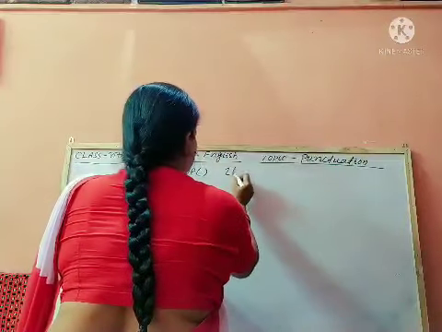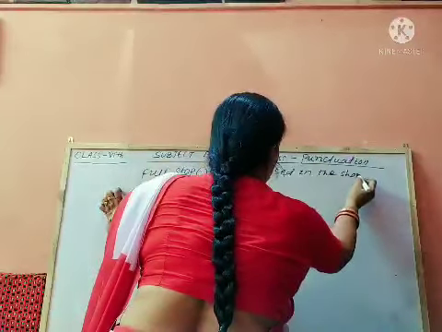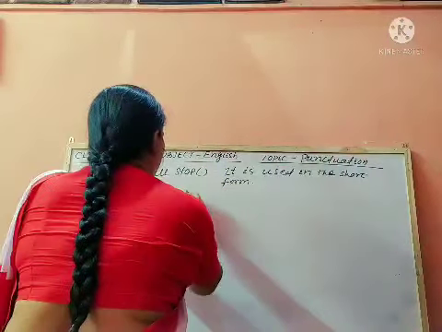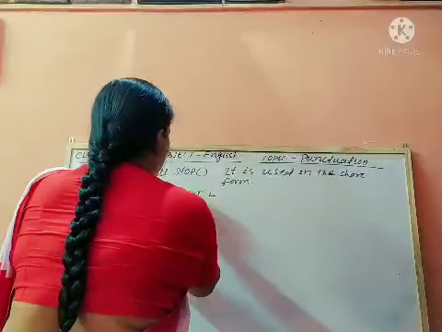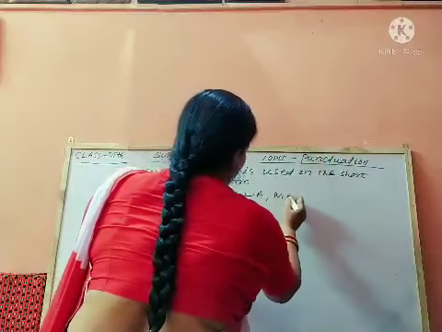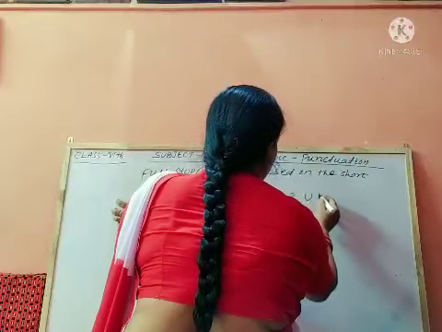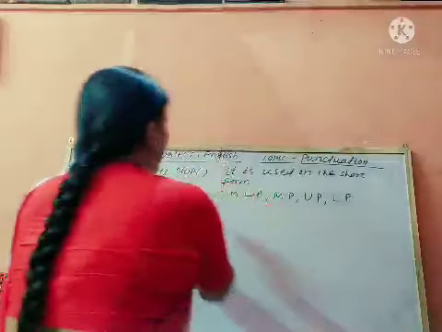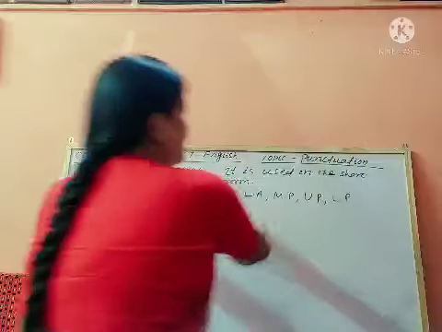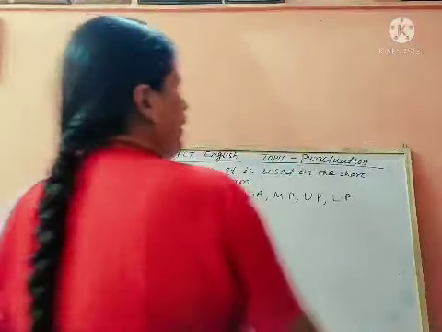For example: M.I.L., M.L.A., M.P., U.P., L.P. All are short forms. The full forms are Mother Indian Language, Member of the Legislative Assembly, Member of Parliament, Upper Primary school, Lower Primary school.